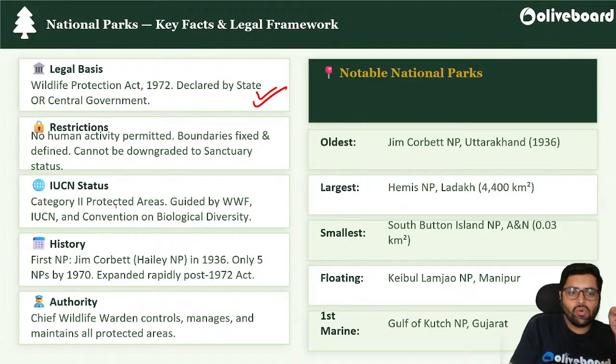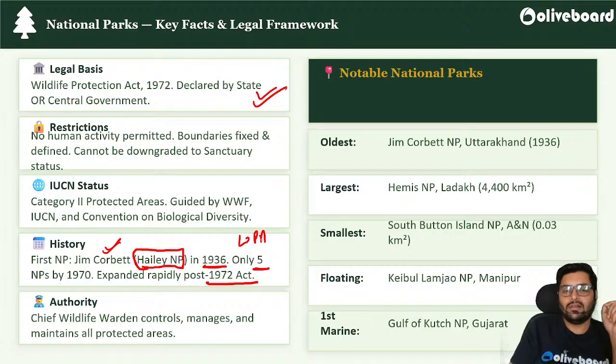Category 2. First national park was Jim Corbett. As I told, it was also known as Haley National Park, in 1936. Only 5 national parks were there till 1970, and it expanded rapidly after 1972. Why? Because we introduced the Wildlife Protection Act.